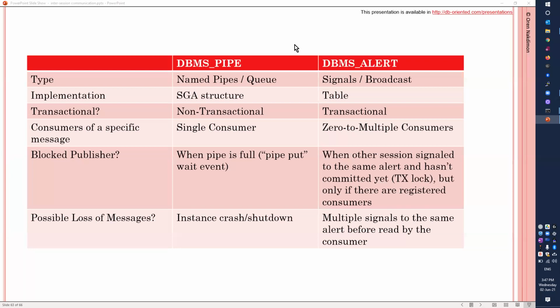If I send a certain alert and I have two consumers, and consumer one consumes it and consumer two does not, and then I send the same alert again, will consumer one see the second alert or not? Yes, it will. It will be two separate signals, because each of the sessions has a record in this table, DBMS_ALERT_INFO.